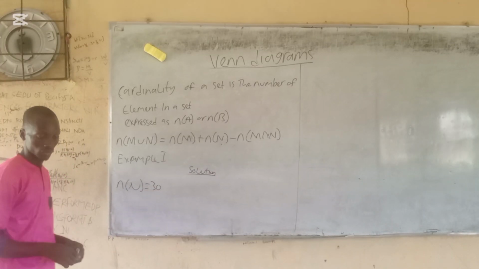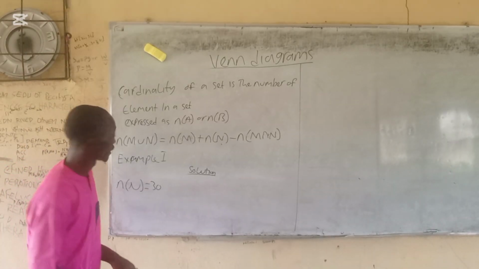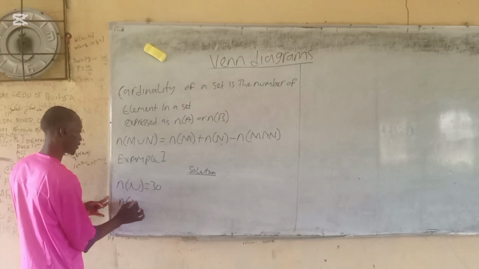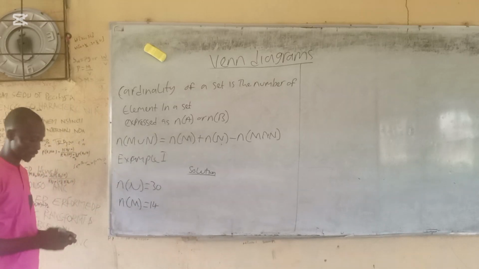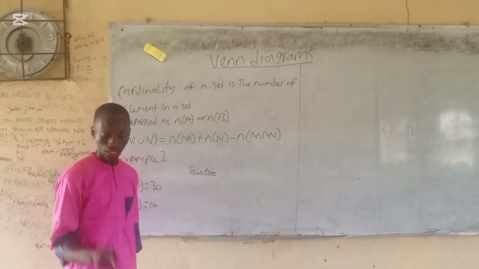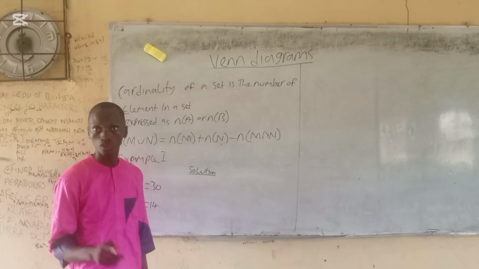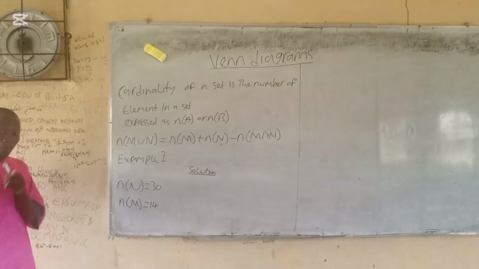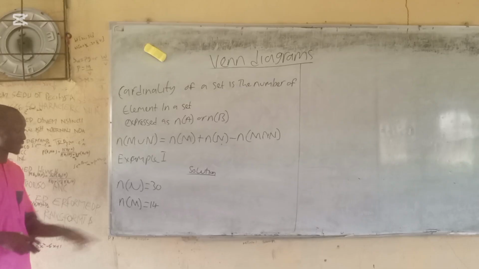Then they say 14 students have taken mathematics. The number of students who took mathematics is 14. Then 10 students have taken mathematics but not economics. Which is these people out of the 14 that have taken mathematics.